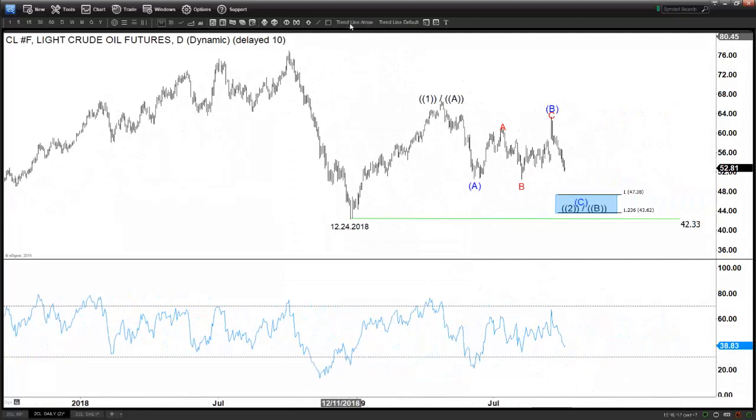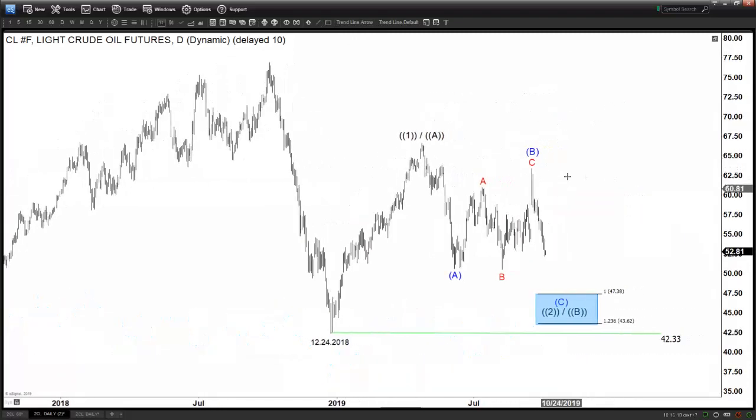Then we got a very strong move up after that. That is usually the sign of a flat, and we told members, be careful guys, don't be overly bullish, because it can still be a flat and then reverse. Now we said if it really needs to be bullish, it must break above here. It cannot do it, right?